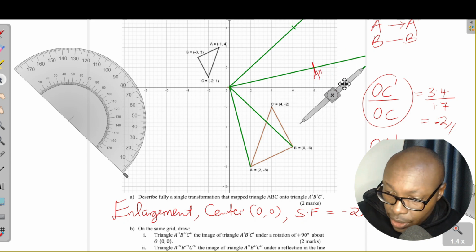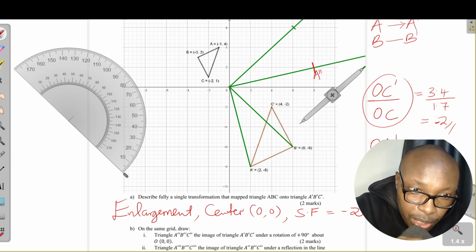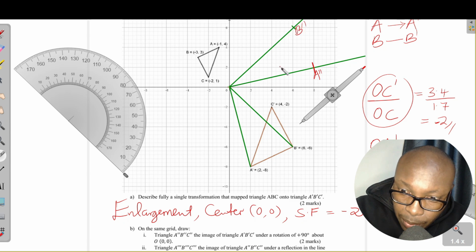So that will be the image of B, that is B double prime. You can see this distance, B to O, that is the distance you've taken. So for A, we took this measurement from A to O, and then we transferred that distance. That is the distance there we marked A.